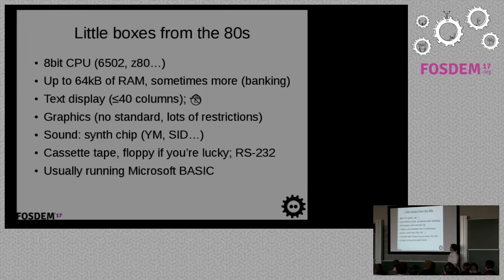Most of them had much less than 64 kilobytes of RAM. That's not much. And usually you just had text display. If you were lucky, you could get some graphics, but like 200 by 200 or something like this.